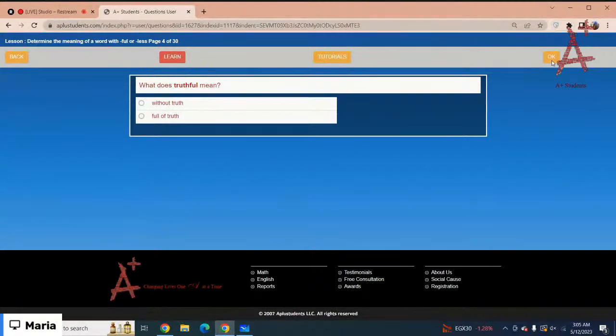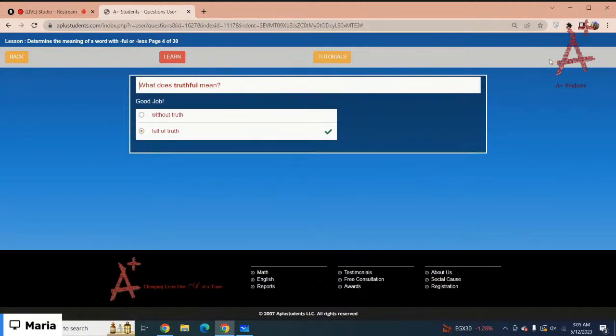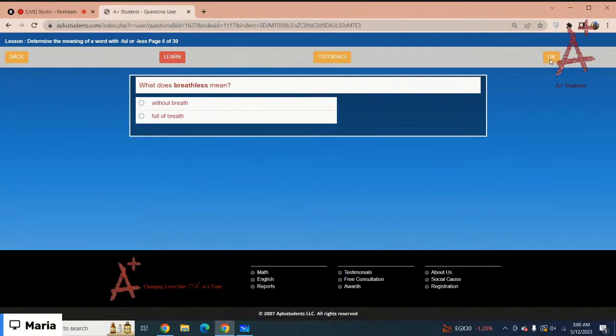It would be full of truth. The correct option is full of truth. Next, what does breathless mean? Less means without, so it would be without breath. The correct option is without breath.